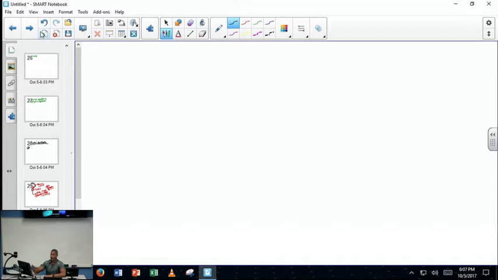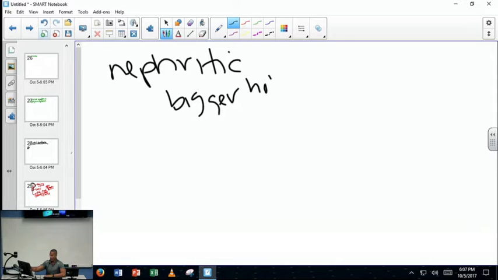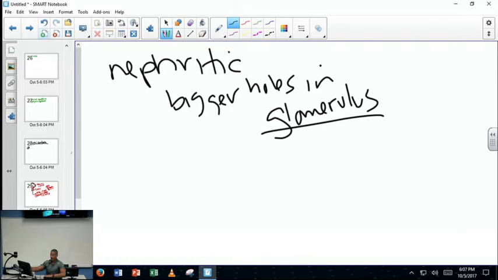So now you have nephritic syndrome because you have bigger holes in the glomerulus. And really, it's not just the glomerulus, it's also the basement membrane and the podocytes.